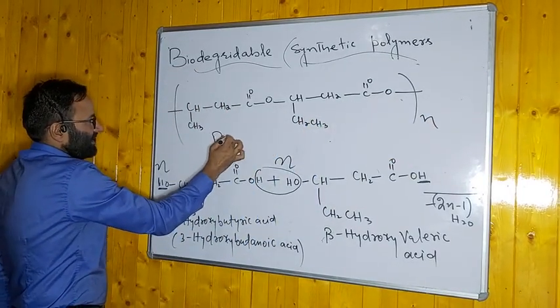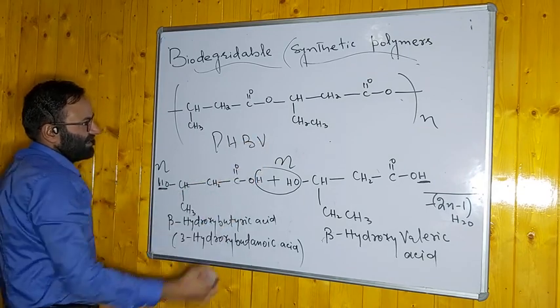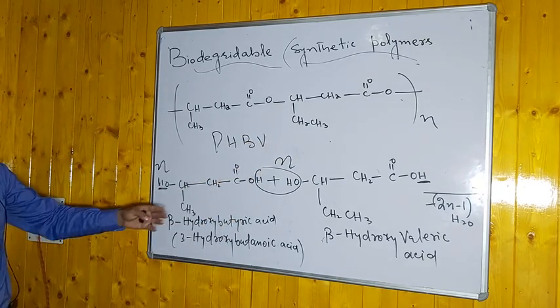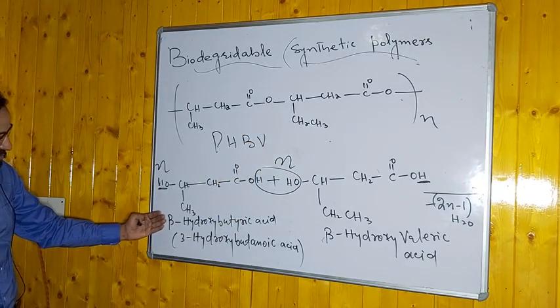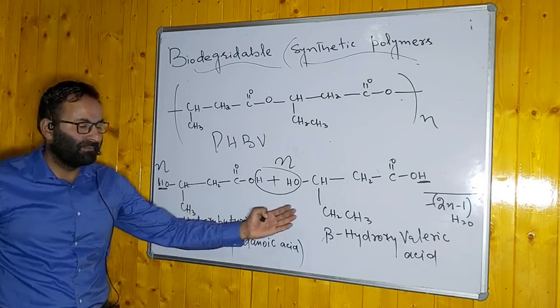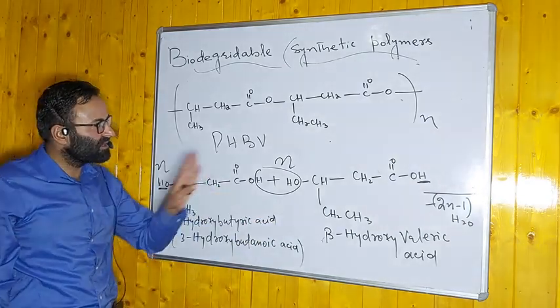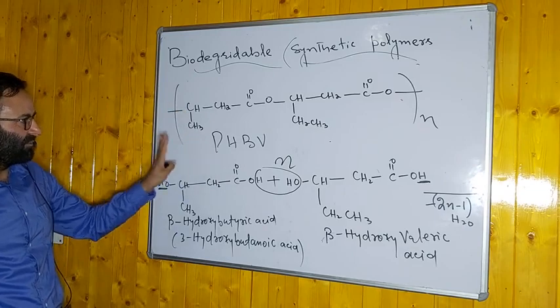This is polyhydroxybutyrate valerate, PHBV, obtained by the polymerization of beta hydroxybutyric acid and beta hydroxyvaleric acid. It is the first synthetic biodegradable polymer, PHBV.